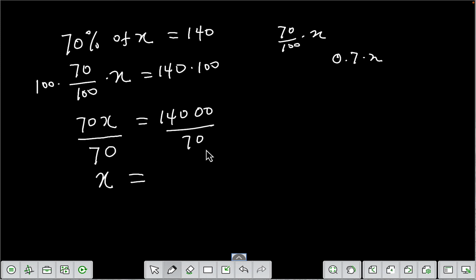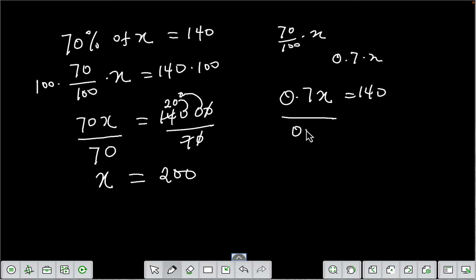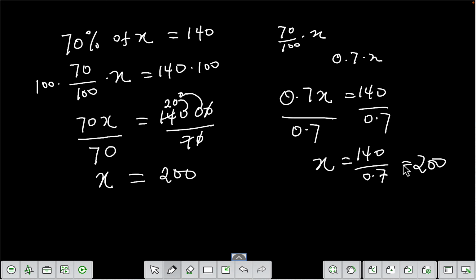X equals 7 goes into 14, 2, there is a 0 here, there is a 0 there, so x is 200. You get that. Alternatively, you could have done 0.7x equals 140, and then if you have a calculator you could divide by 0.7, and then 140 divided by 0.7 is also 200. It's the same thing.